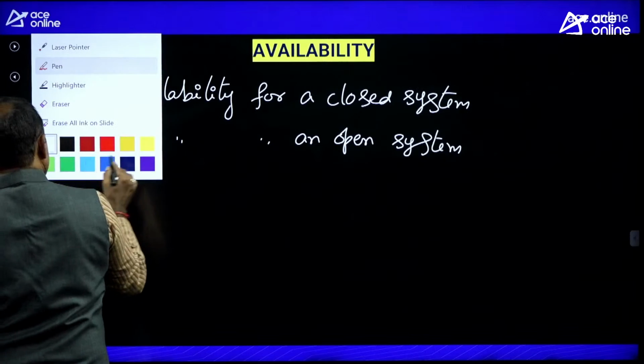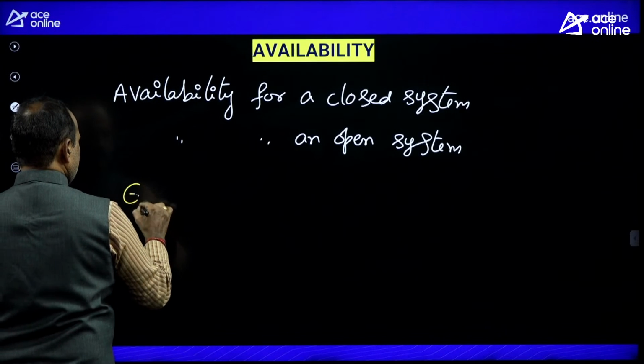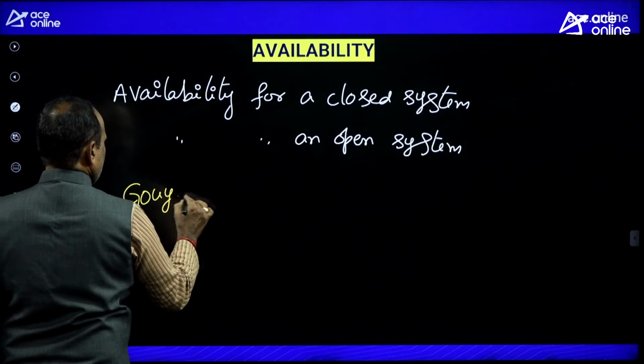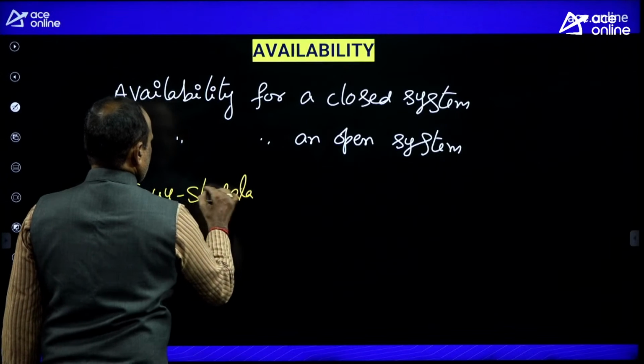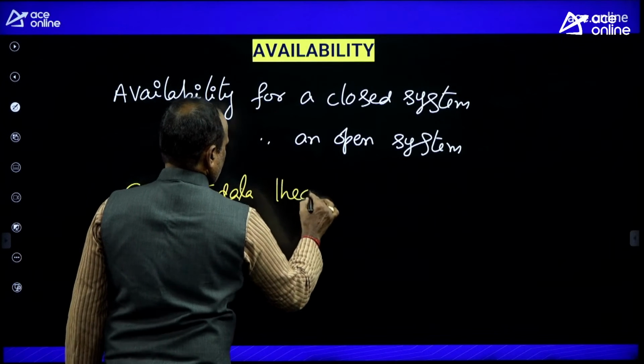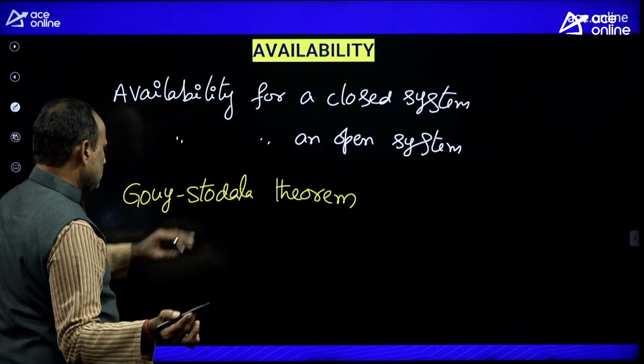Then you try to practice the problems on the Gouy-Stodola theorem.